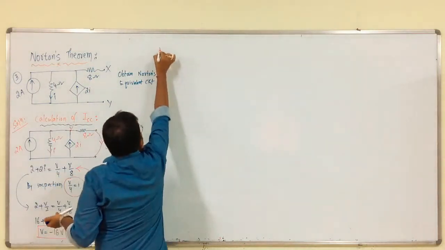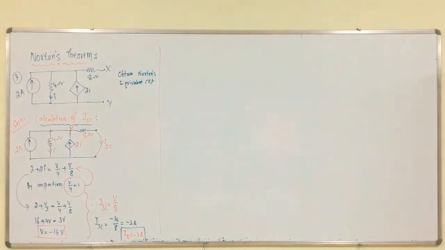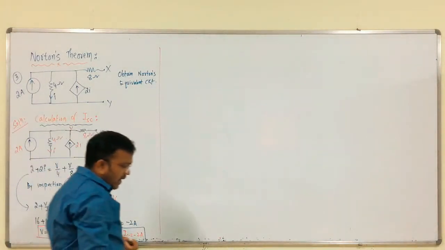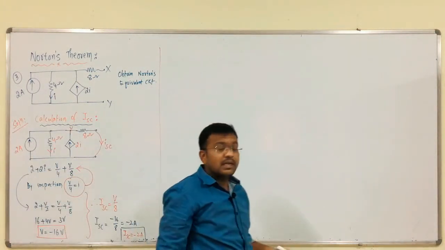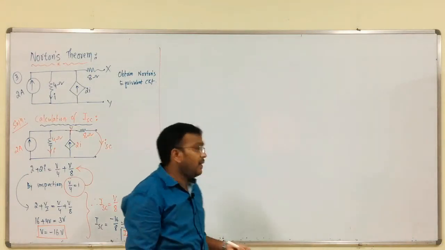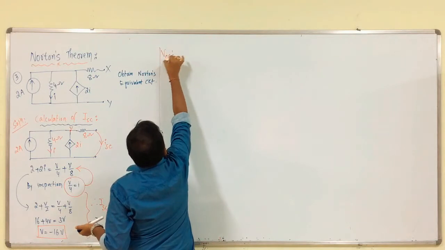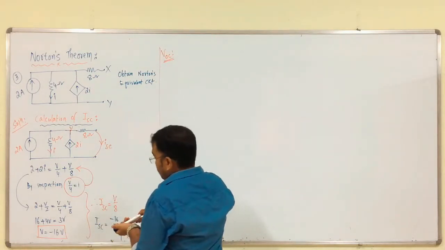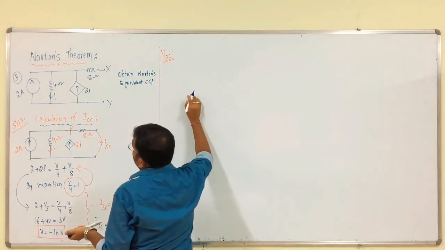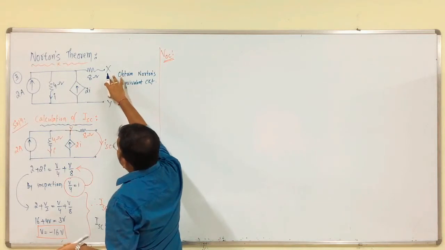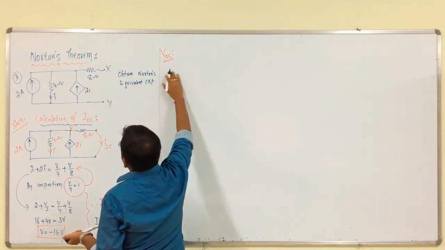Next, ISC is completed. Next step, to calculate RN, we have to first calculate VOC, right? From this VOC, we have to calculate V, right?